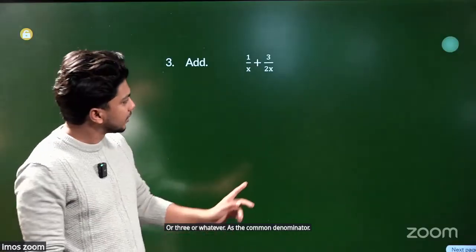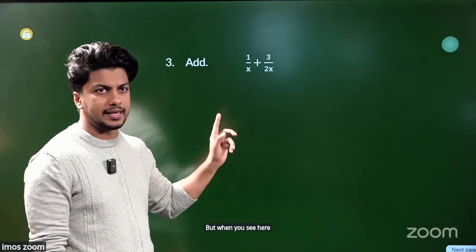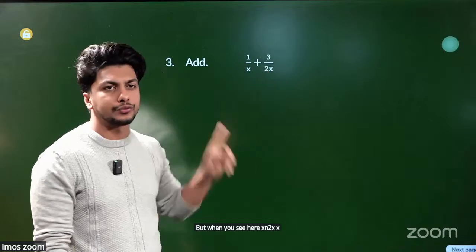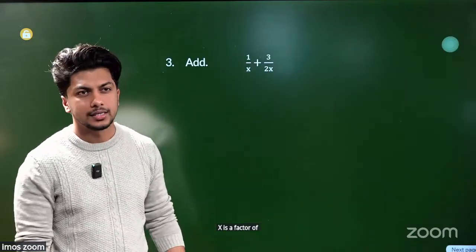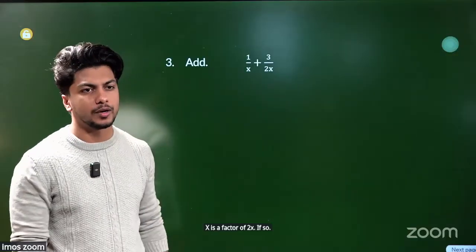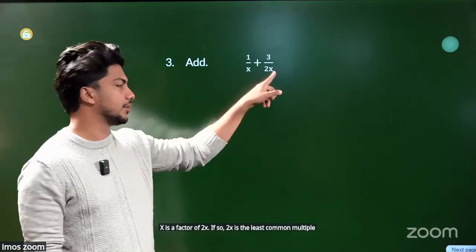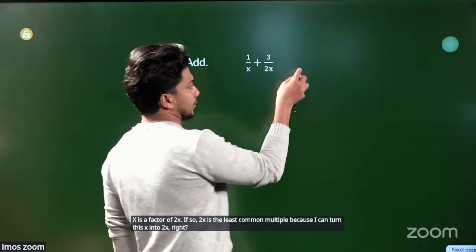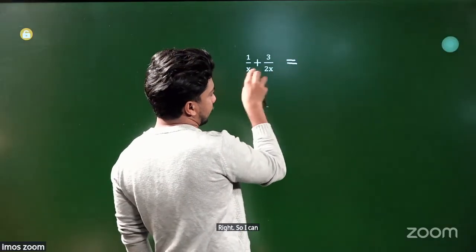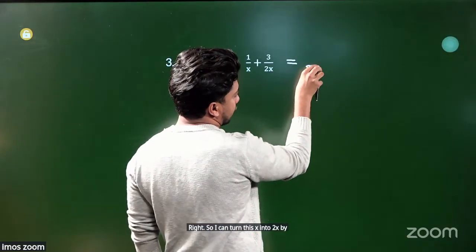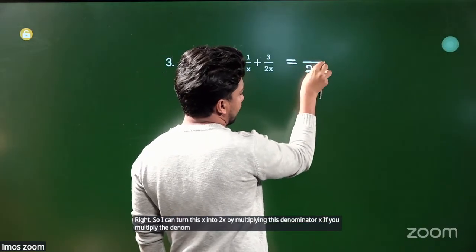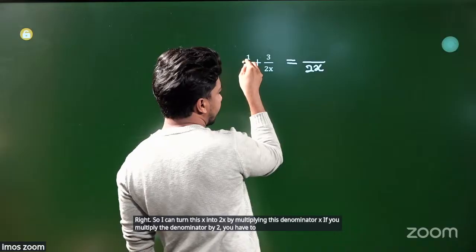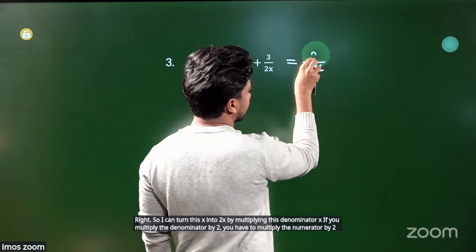But when you see here x and 2x, x is a factor of 2x, right? If so, 2x is the least common multiple because I can turn this x into 2x by multiplying this denominator by 2. If you multiply the denominator by 2, you have to multiply the numerator by 2 as well, 1 into 2.